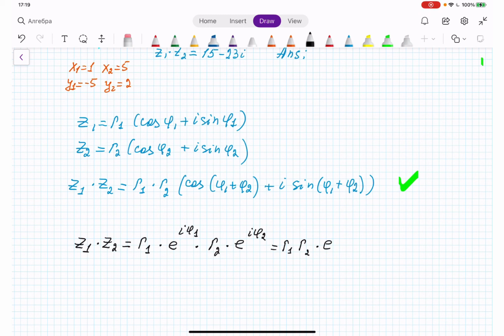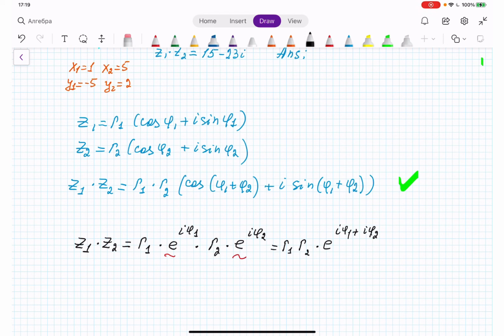If you multiply exponents with the same base, of course, you add them, right? So it's going to be e to the power i phi1 plus i phi2.